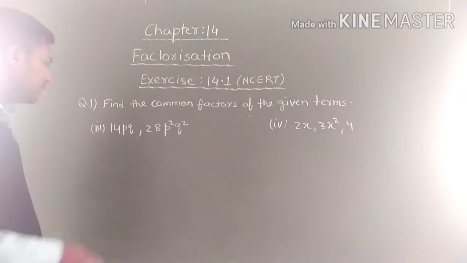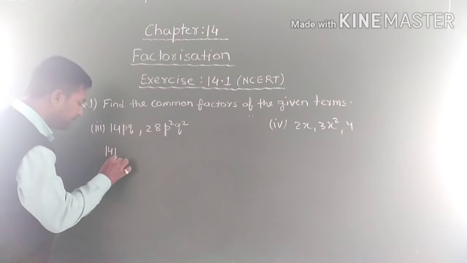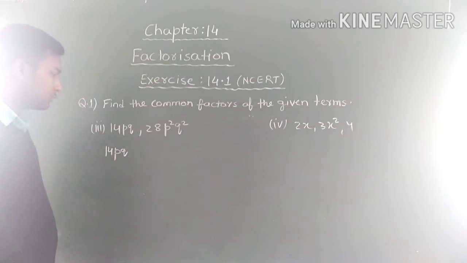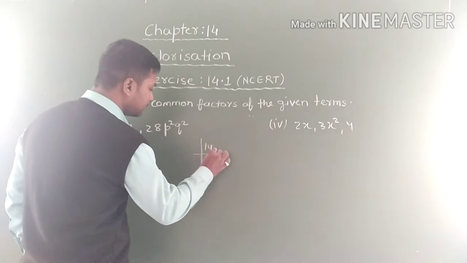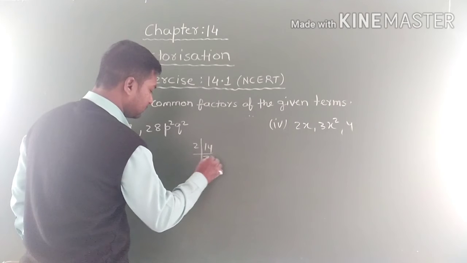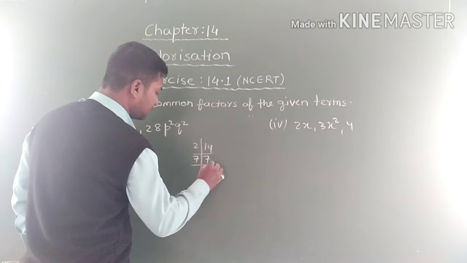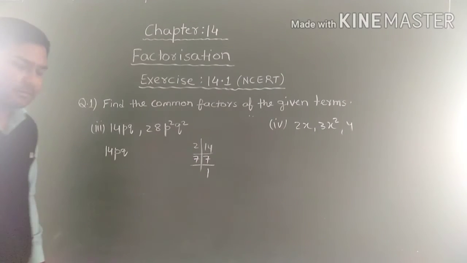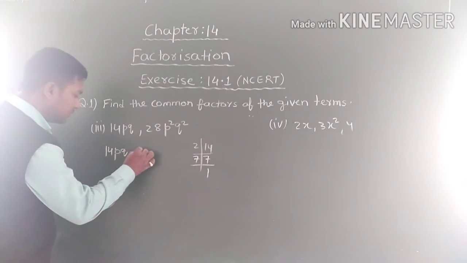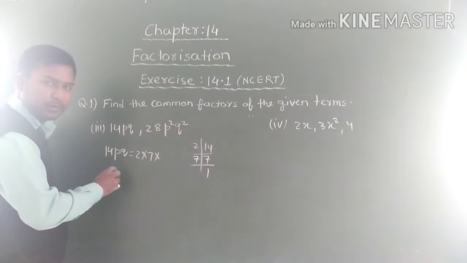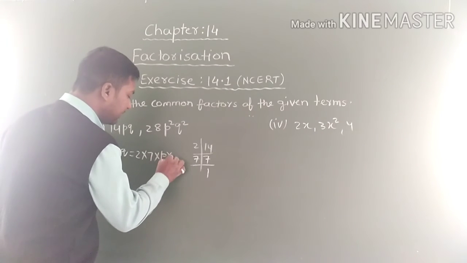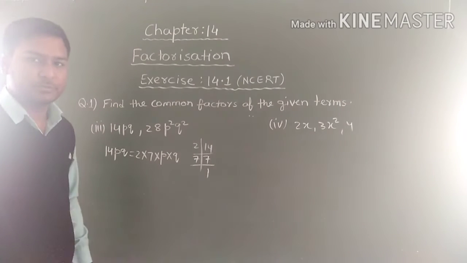So let's see here, 14pq. The factorization of 14 will be 2 into 7. So write here 2 into 7. The factors of pq will be, directly we can write p into q.